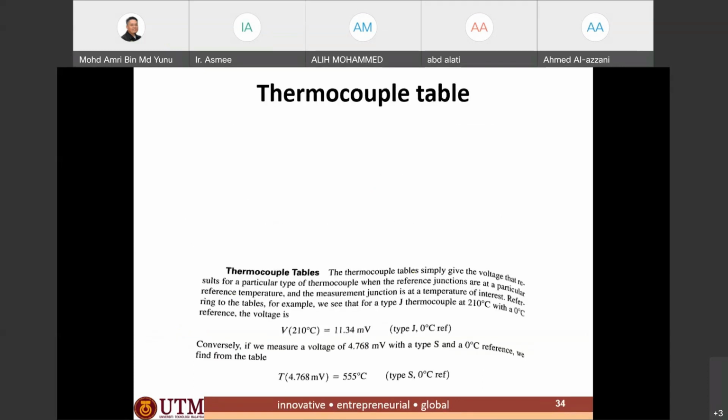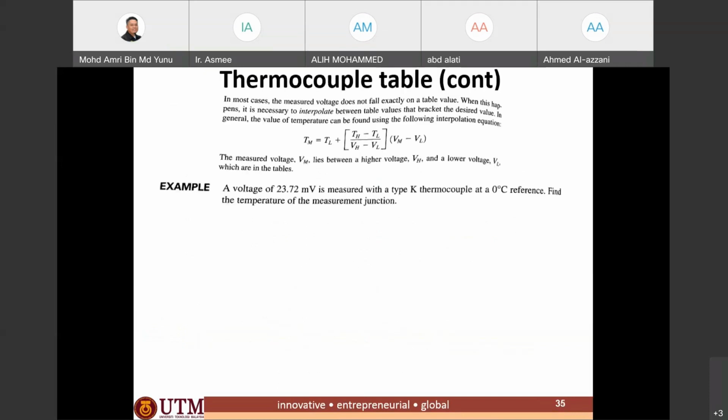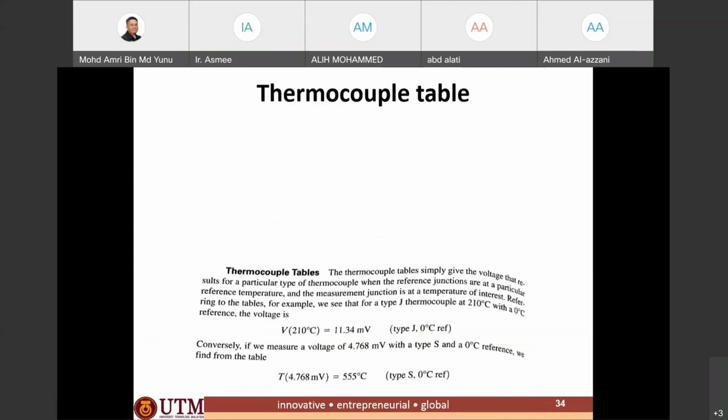Now, there's a thermocouple table. The output of a thermocouple comes with a table.